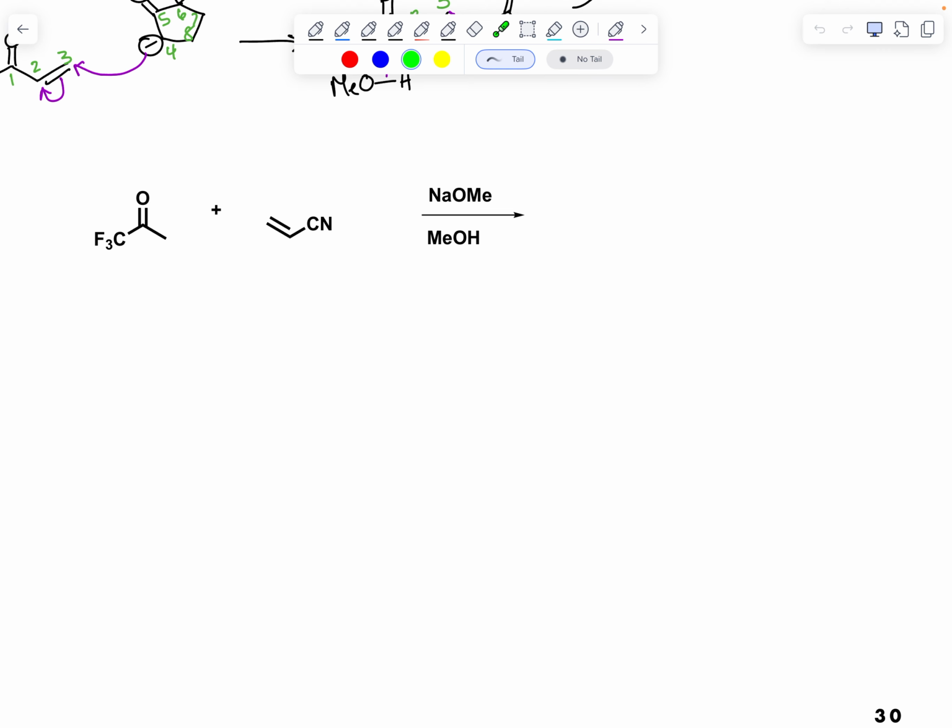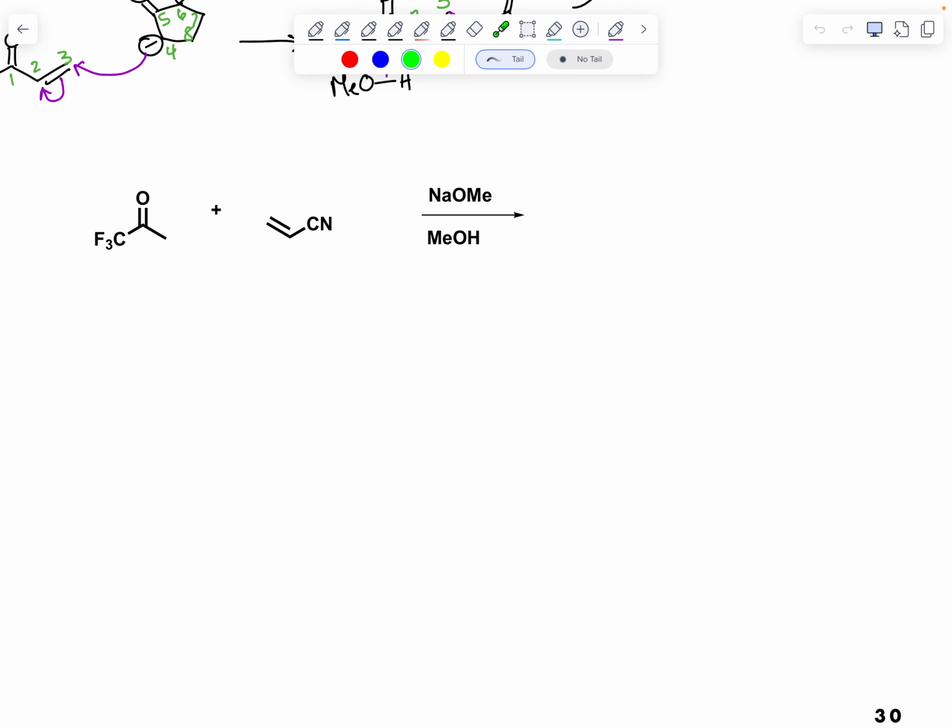I'm going to go back to the structure right here, and I want to just show you resonance through the nitrile, okay? So if we draw the arrows for resonance, the lone pair will form a pi bond between carbons 4 and 5, breaks the pi bond between 5 and the nitrogen and pushes the electrons onto the nitrogen.